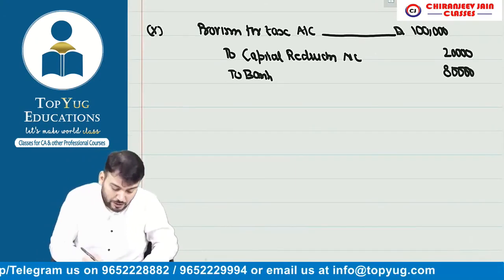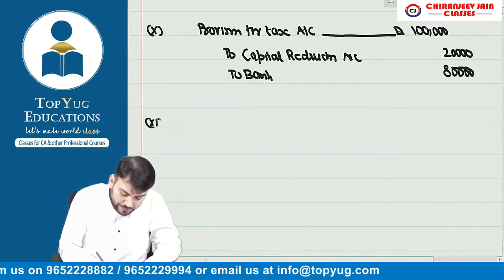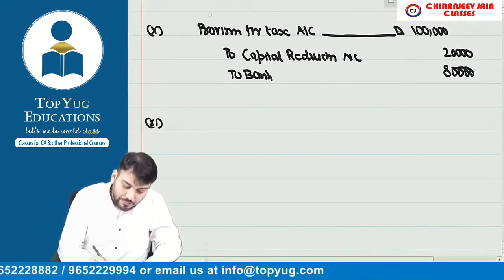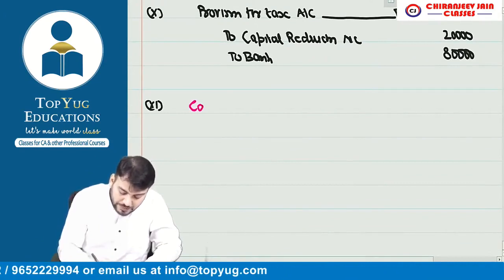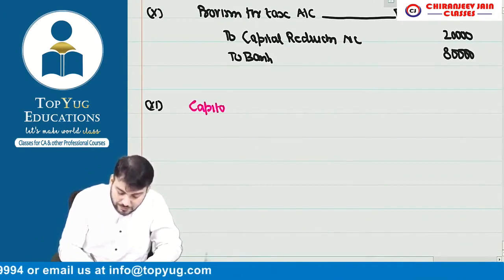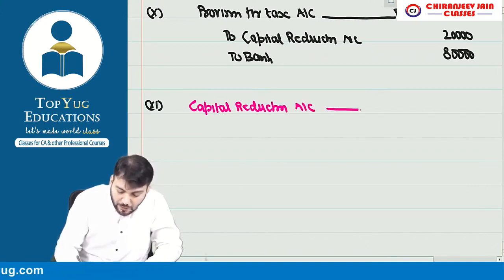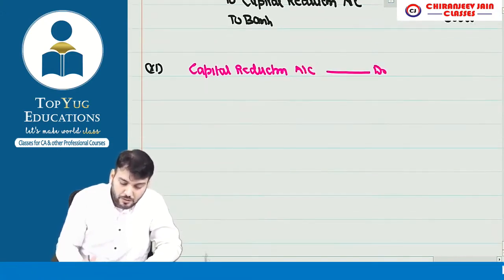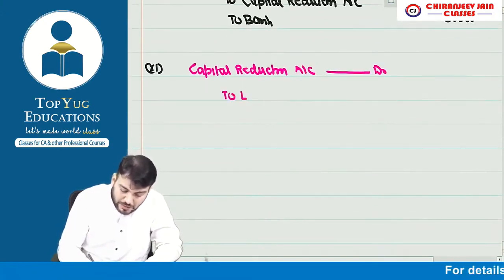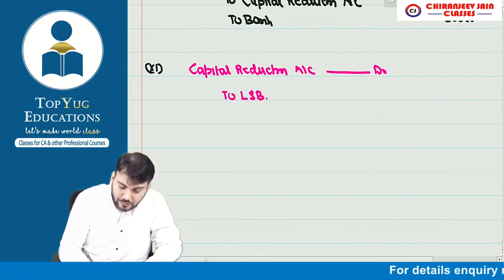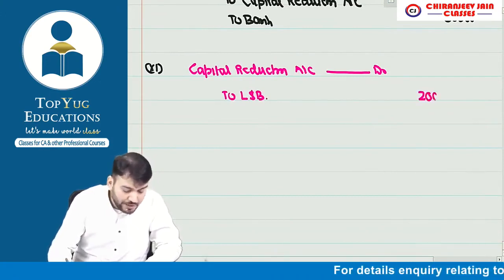Yes sir, we can pass. So let us do point number 11. Point number 11. Capital reduction account debit. One compound journal entry will do. To land and building, how much? 2 lakh.